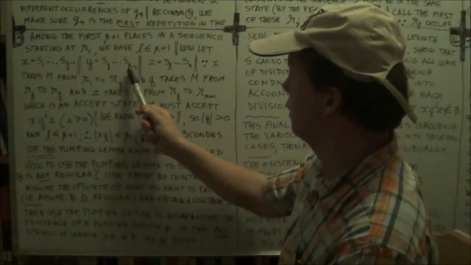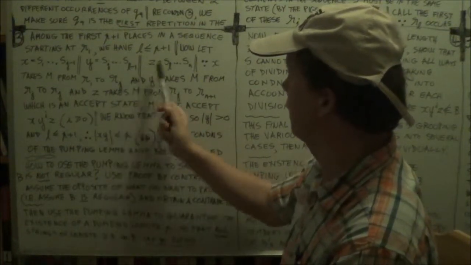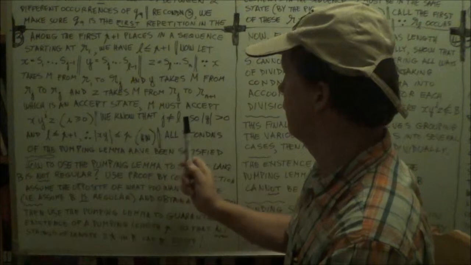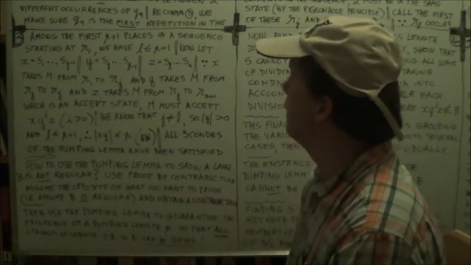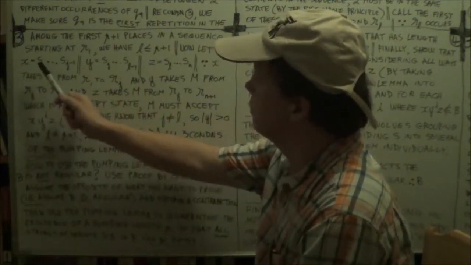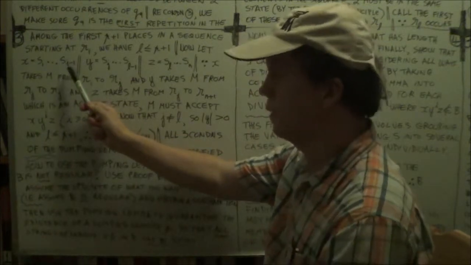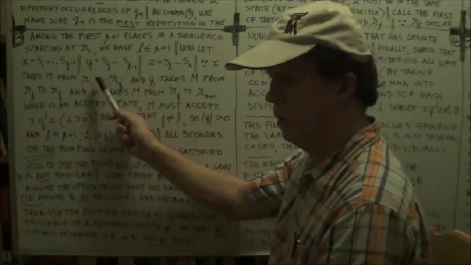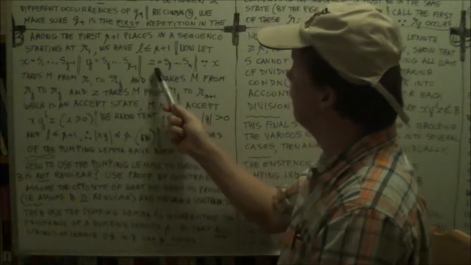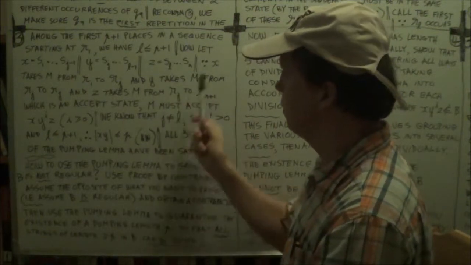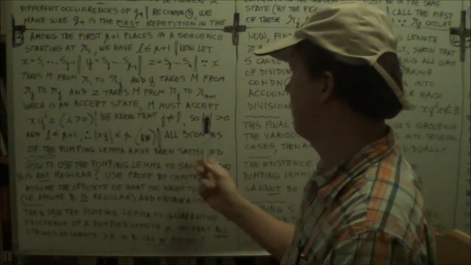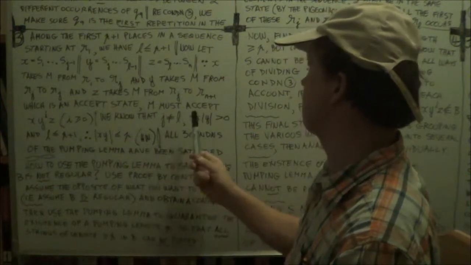Oh, it's here. Right. So X will take you from R1 to Rj, Y will take you from Rj back to Rj, and Z will take you from Rj to the accept state, right?